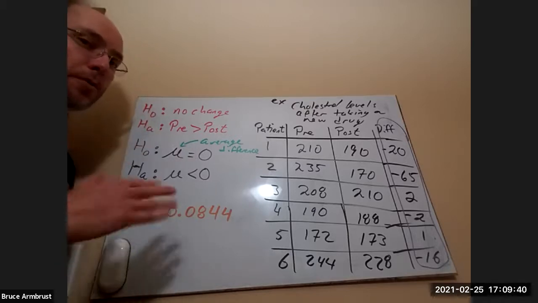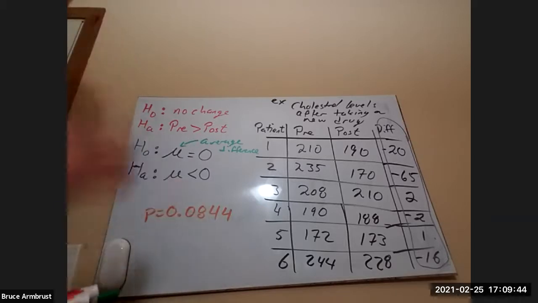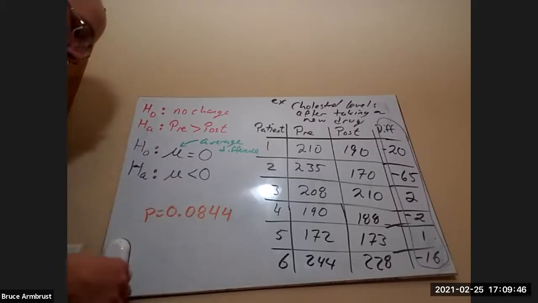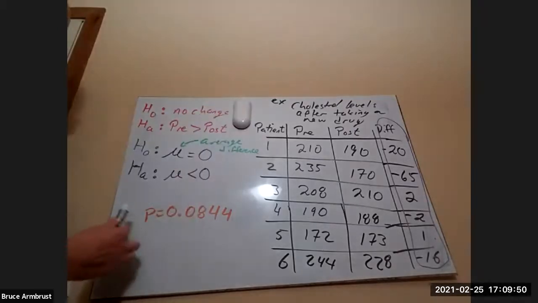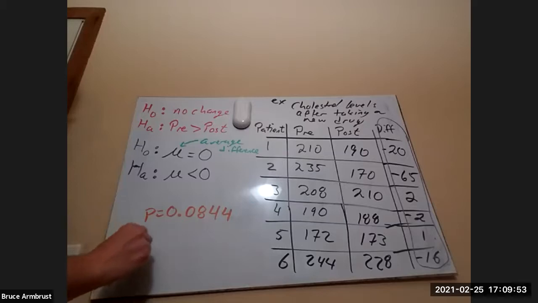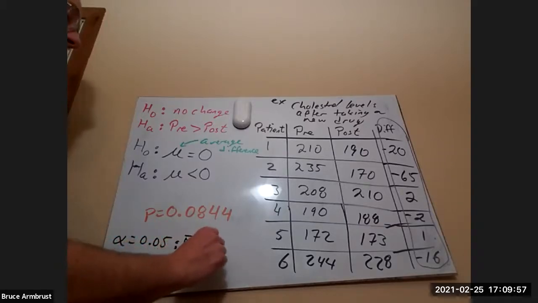But we should really have that at the start, right? Because think about this one. If we had already stated an alpha of, say, 5%, this would be a fail to reject.